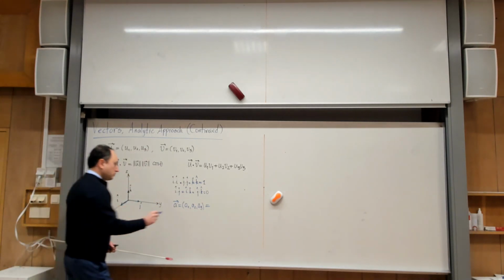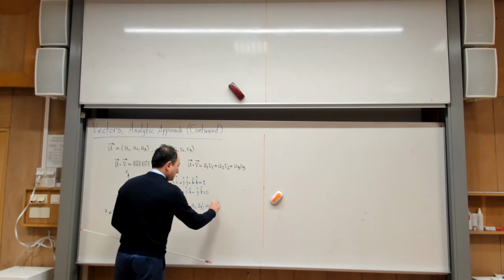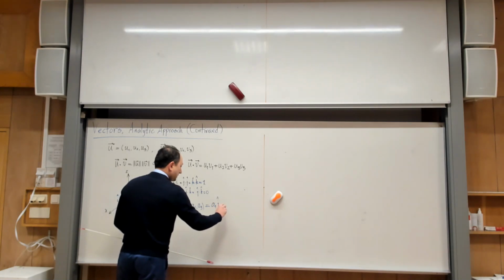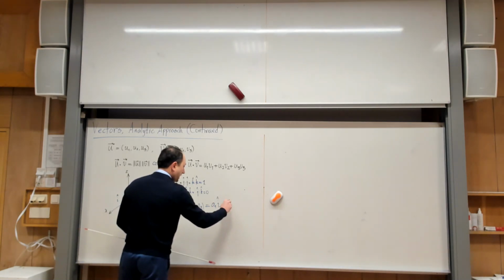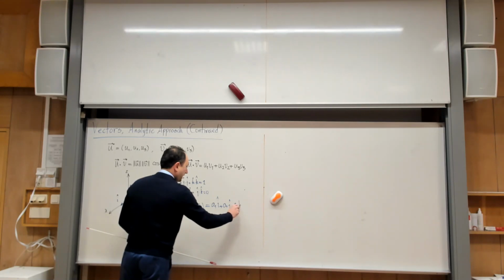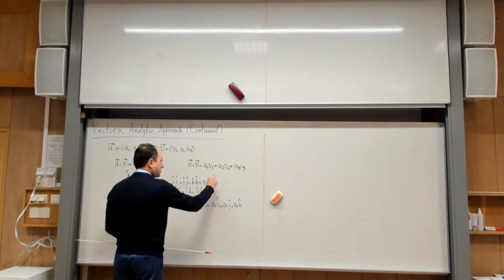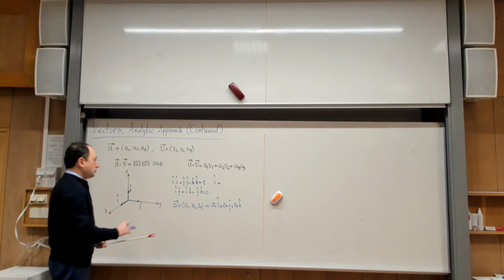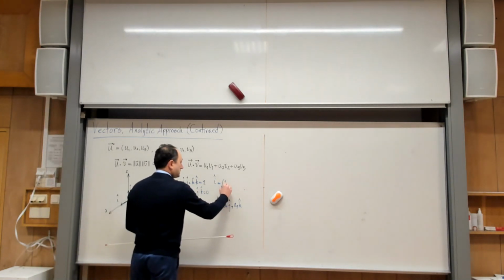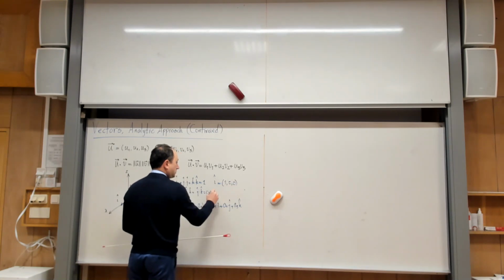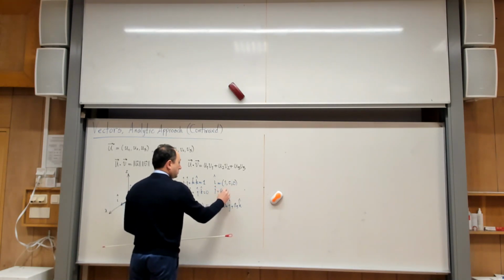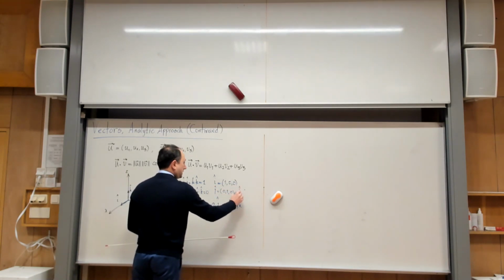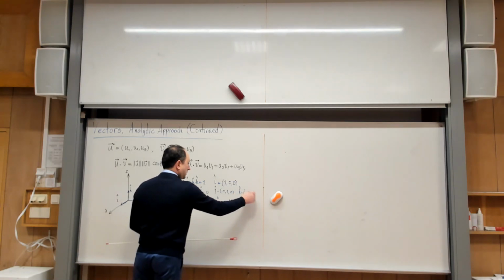So I could write it as A1 multiplied by i hat, A2 multiplied by j hat, and A3 multiplied by k hat. By the way, what was i hat if I want to write it in an analytic way by components? I hope you agree this is 1, 0, and 0. j is what? 0, 1, and 0. And finally, k is 0, 0, and 1.